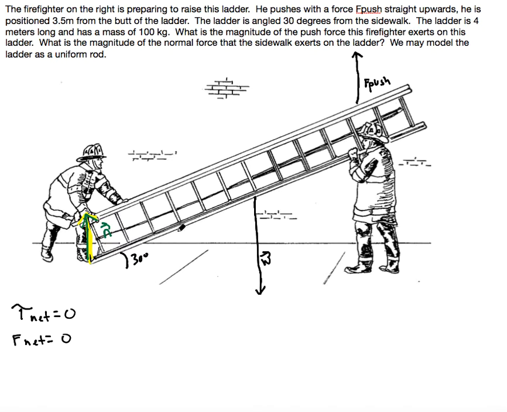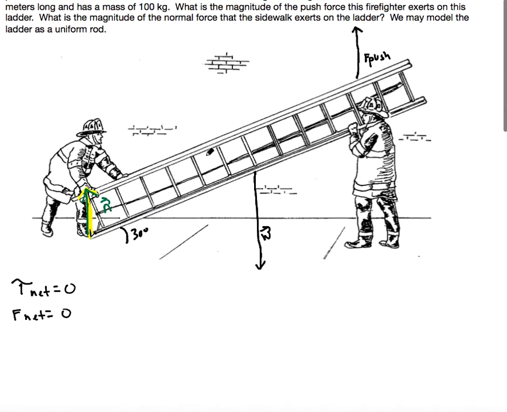So let's set up an expression for our net torque and see if we can use it to solve for F push. So we need to select our pivot point. I think the most useful one is going to be here, the butt of the ladder.